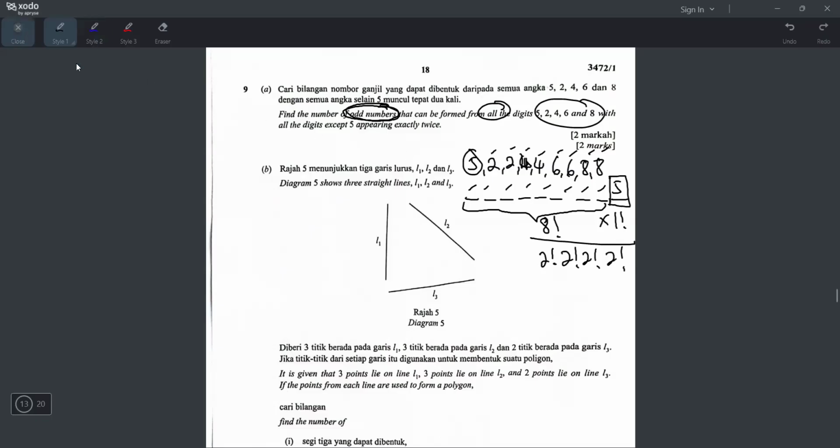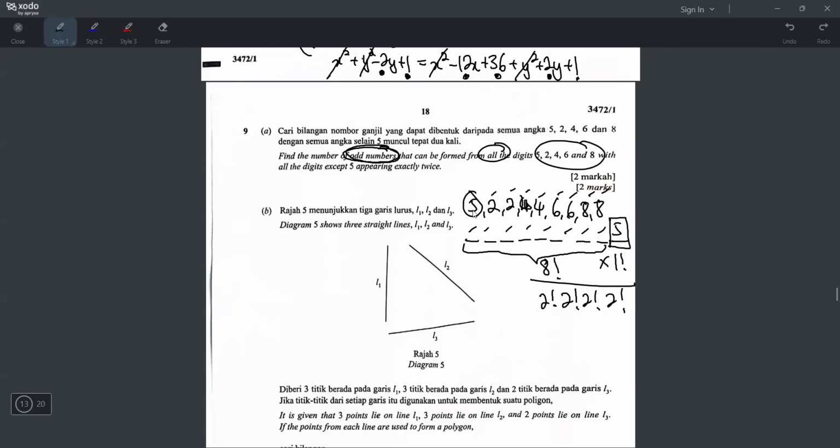Right? Because you learned before, when you are doing permutation with identical objects, your formula would be n factorial over a factorial, b factorial, c factorial, where a, b, c represent the number of identical objects.